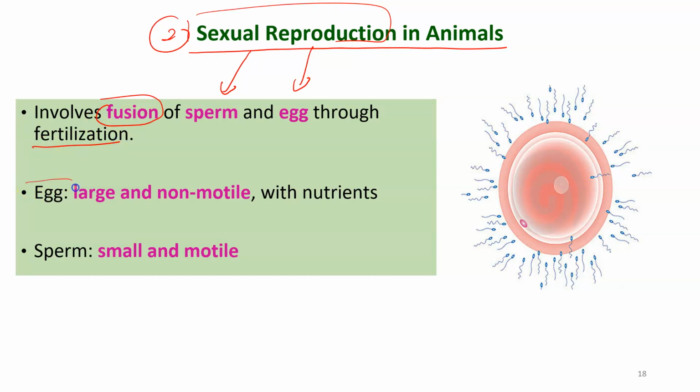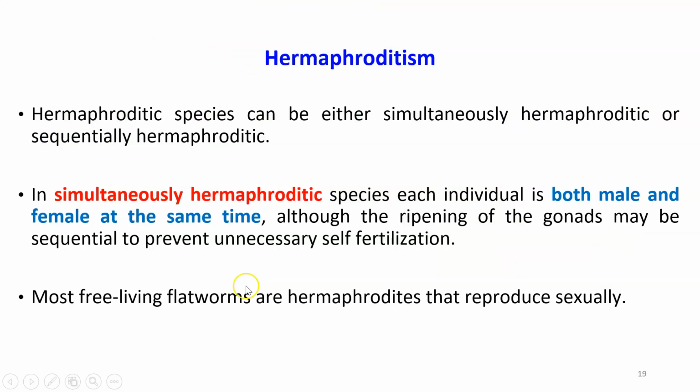The feature of the egg is that it is large and non-motile. The eggs cannot move by themselves. It also contains nutrients. For the sperm cell, it is vice versa. It is small and it is motile because it has a tail to swim.